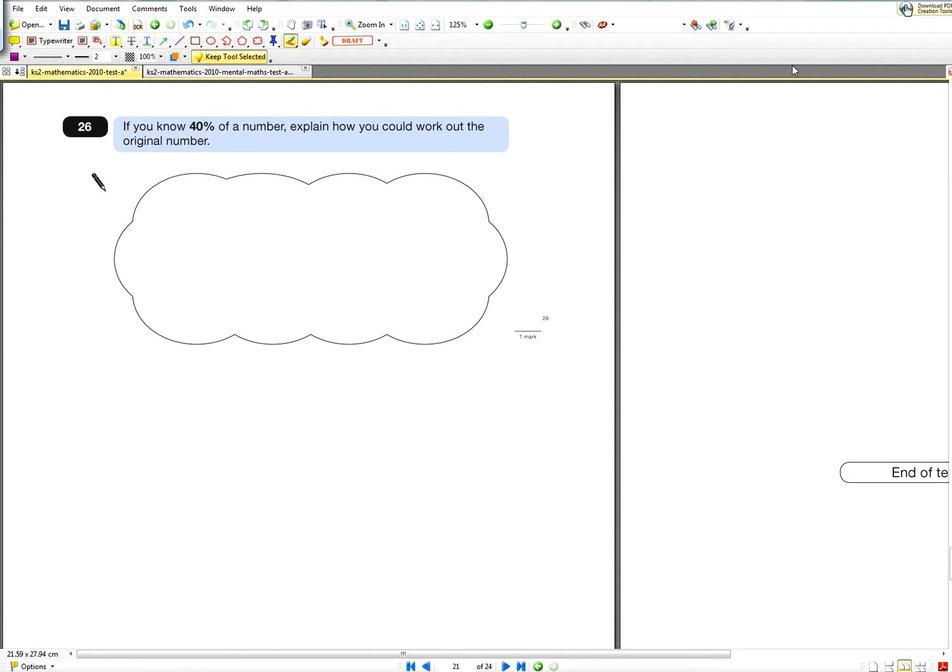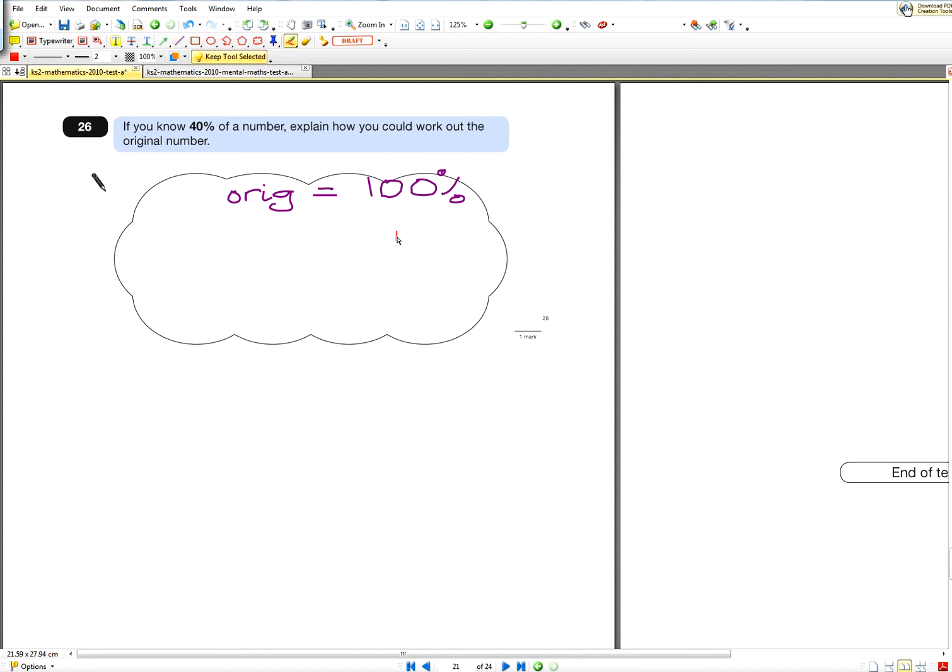Let's show you this one. It says, if you know 40% of a number, explain how you would work out the original number. So, say for example, this is the original number. The original number is worth how much percent? 100. Okay. How much do we know?